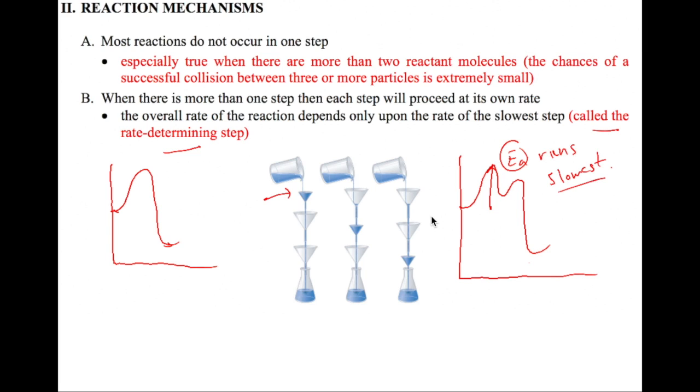Therefore, the step with the highest energy of activation is the slowest reaction. So when you're given a set of steps and you find a slow step, that is the rate determining step, the one with the highest energy of activation.